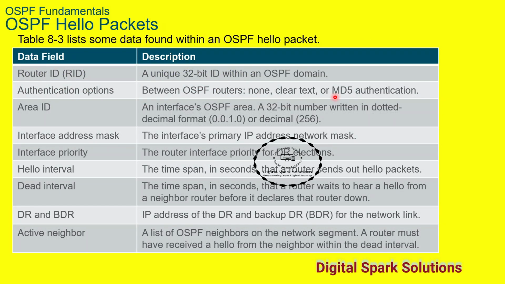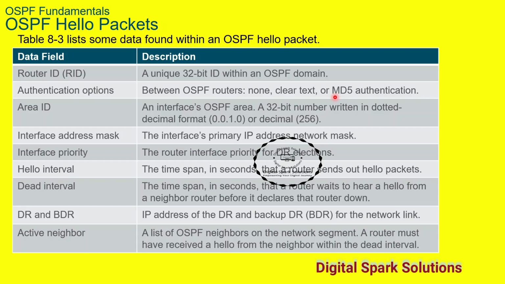OSPF hello packets. Okay, OSPF hello packets include the router ID within an OSPF domain and authentication options. Usually we have clear text, none, or MD5 authentication in OSPF. Then the area ID is a 32-bit number, usually written in decimal.